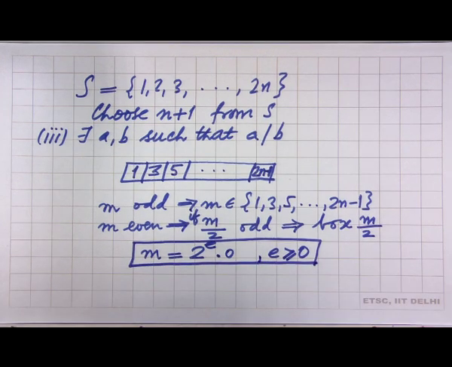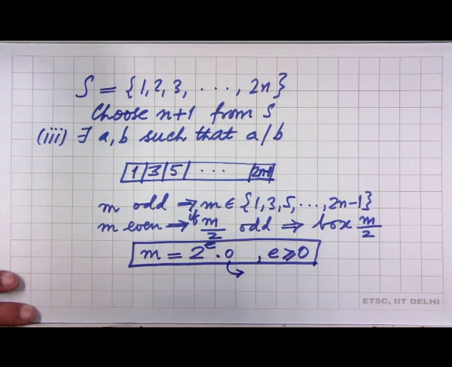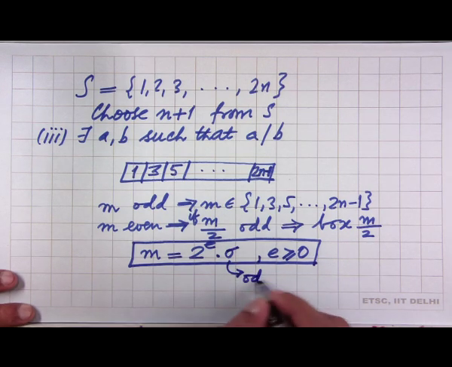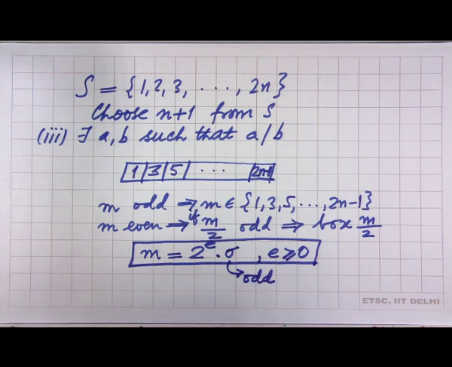Any positive integer can be written as a power of 2, including the 0th power of 2, multiplied by an odd integer. So this O here, maybe not a great choice because it looks like a 0. So let me just put a little marker there. That O is odd. So any m can be written as a power of 2 multiplied by an odd integer, and in exactly one way.